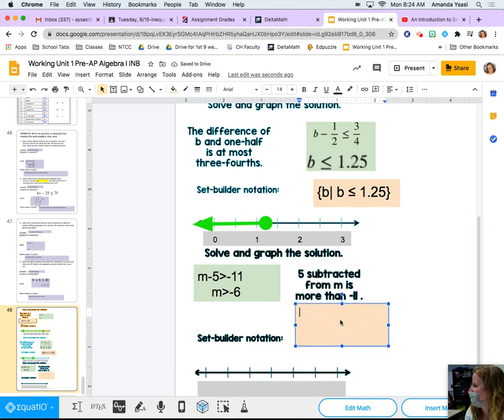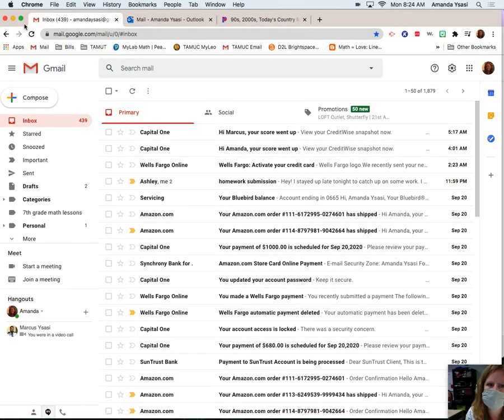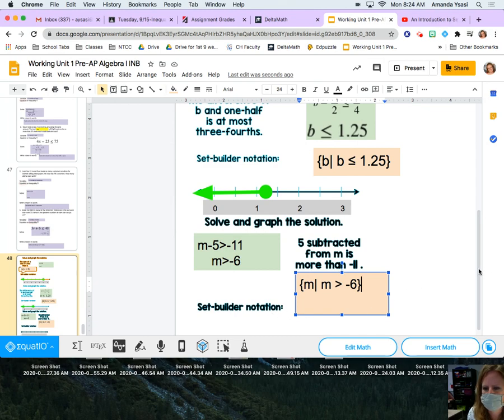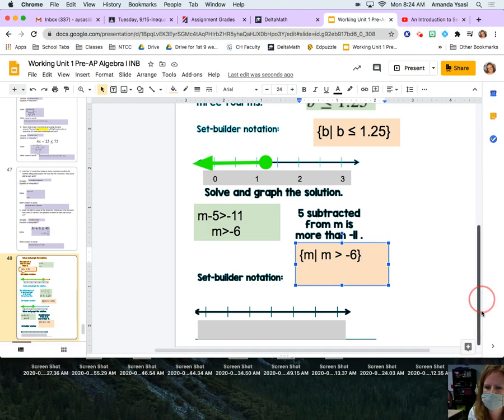Okay. So now we need the set builder notation, which includes the braces. And the set we're dealing with is the variable M. M such that M is greater than negative 6. Don't need Equatio anymore, so I'm going to close that.